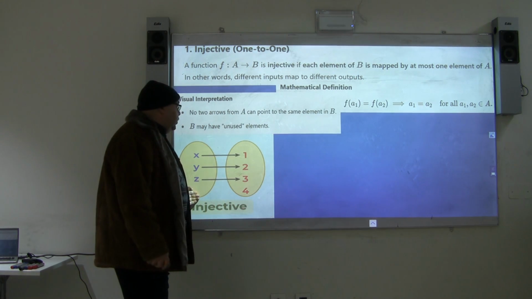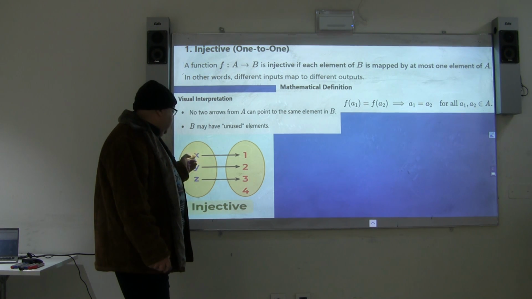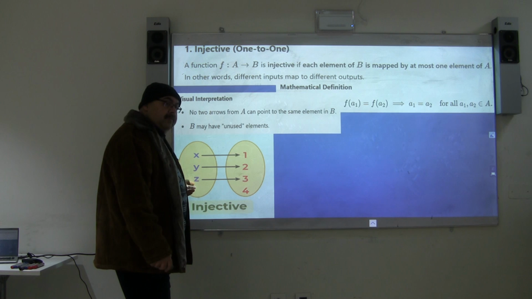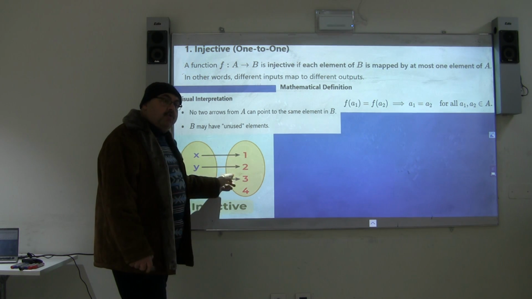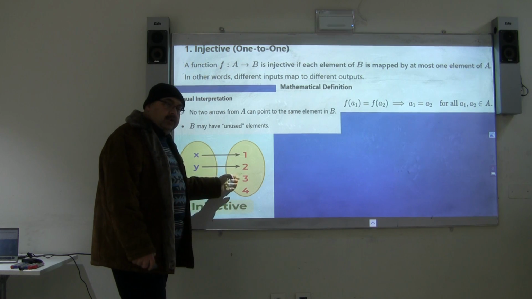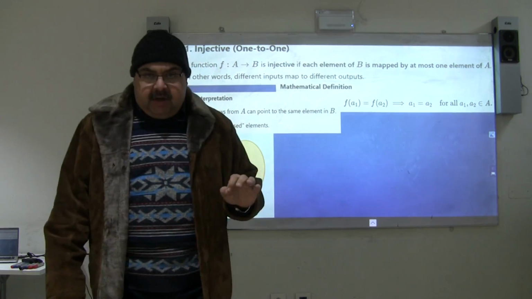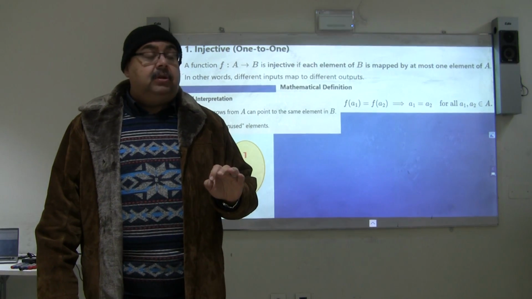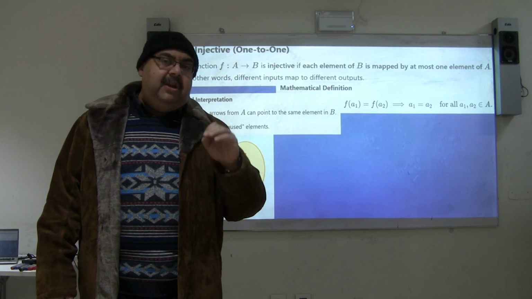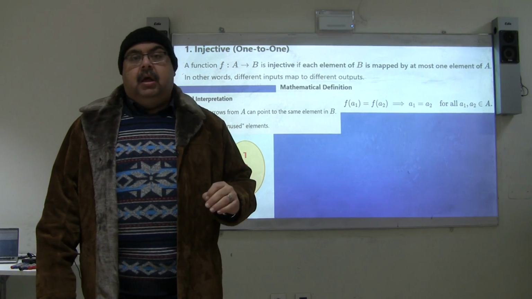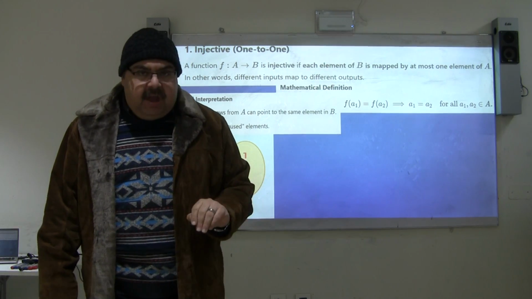If you look at this graph or this sketch, you will find that each value from the domain has just one value in the corresponding codomain, or what's called the range. But it is not a necessary condition to have all the codomain elements actually have pre-images.